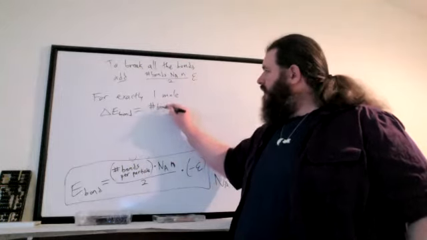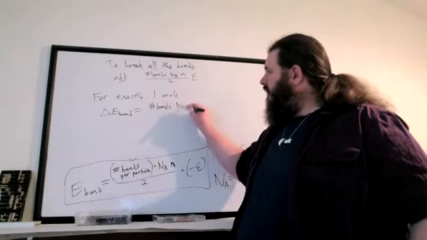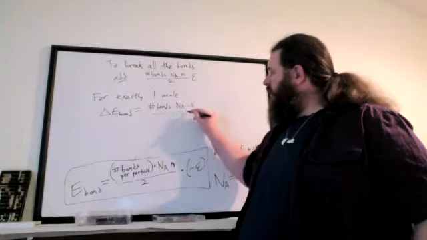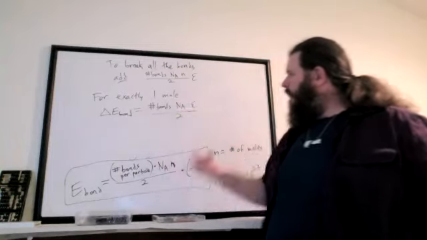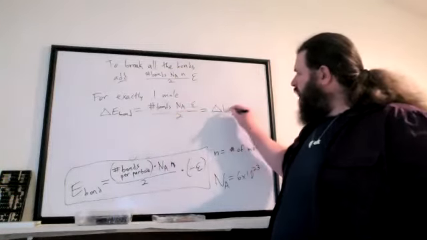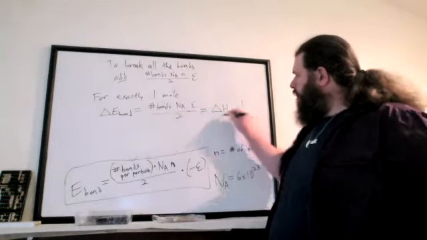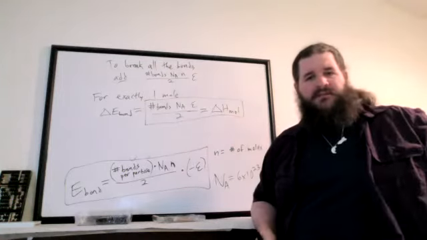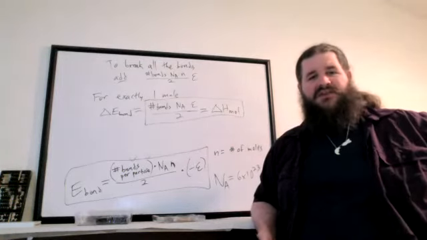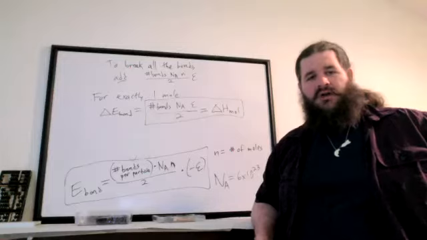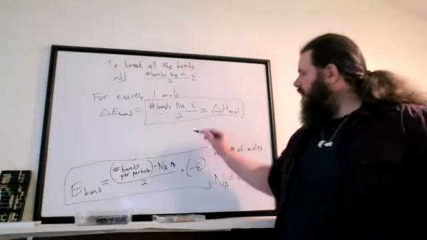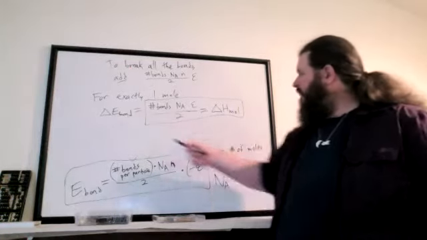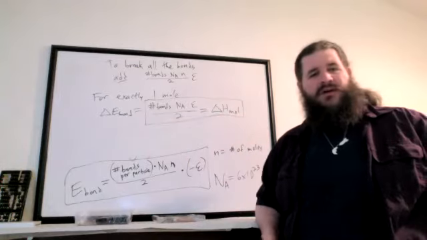So number of bonds times Avogadro's number times epsilon over 2. And this is what we call delta H mole. The molar heat of vaporization is literally just the amount of energy it takes to break all the bonds in 1 mole. So you could think of that as just delta E bond is 1 times delta H mole, because we're talking about 1 mole.